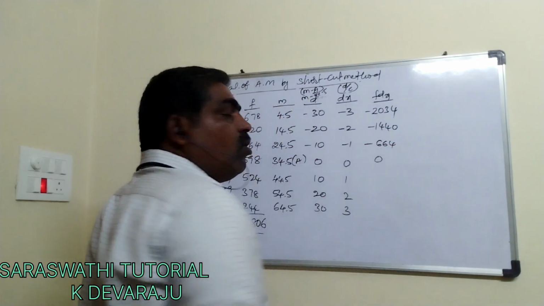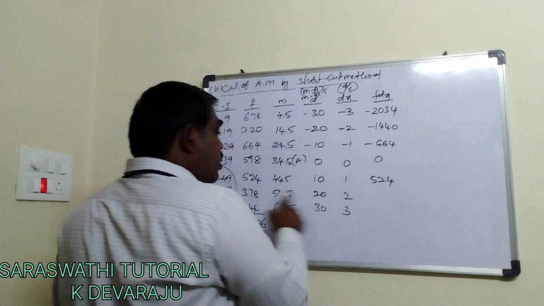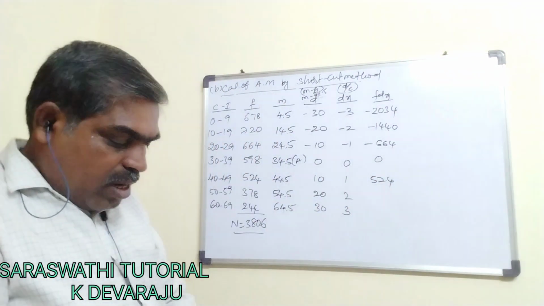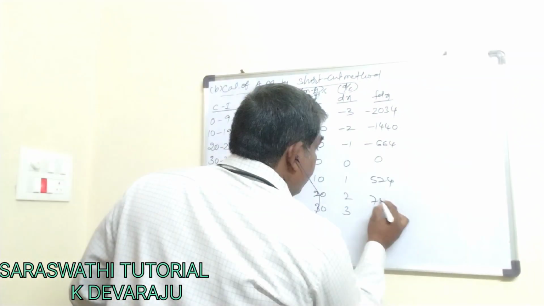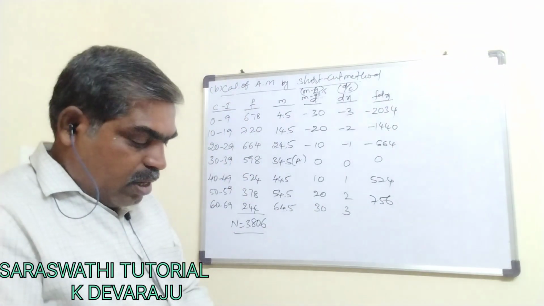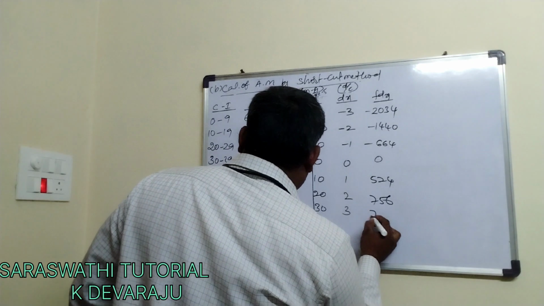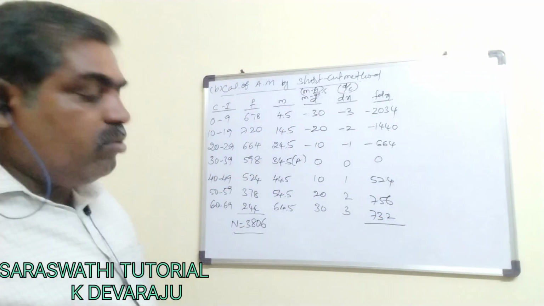Any value into 0 is 0. 524 into 1 is 524. 378 into 2 is 756. 244 into 3 is 732.